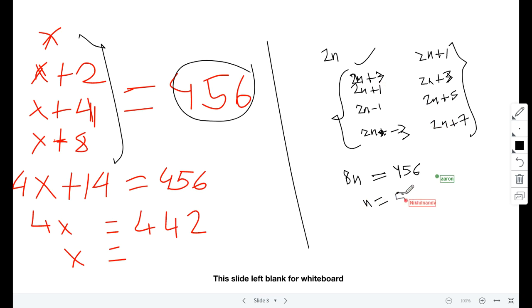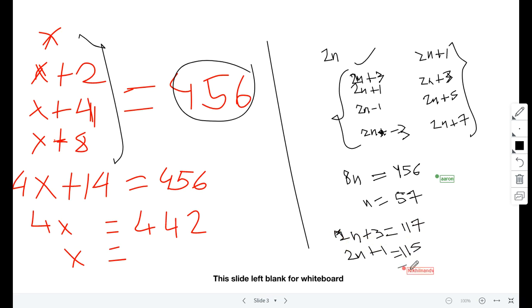8 times 5 is 40, 8 times 7 is 56. So n is 57. So the first number will be 2n plus 3, so that will be 117. Then 2n plus 1 will be 115.